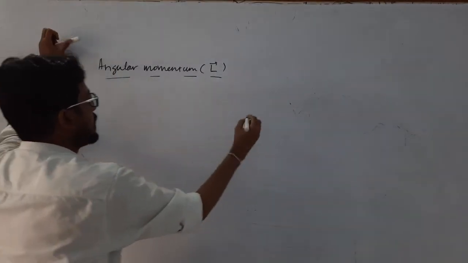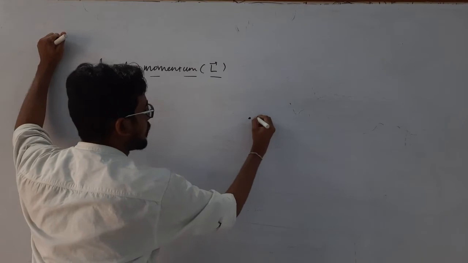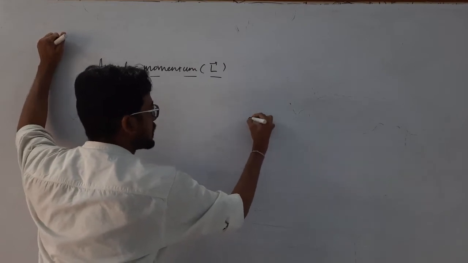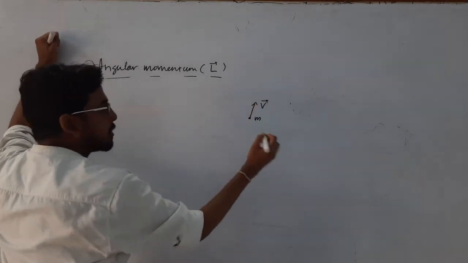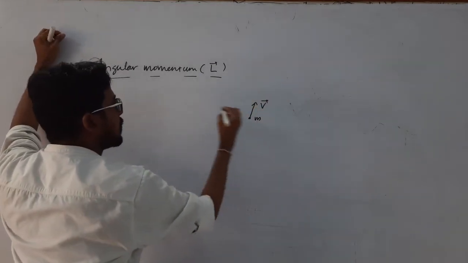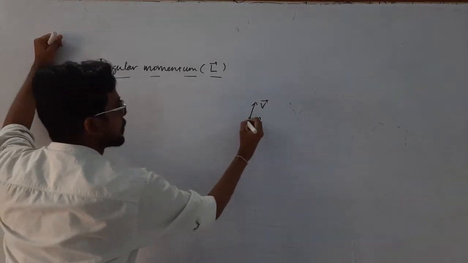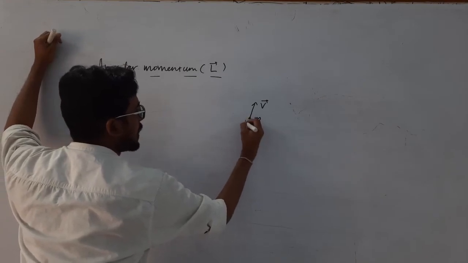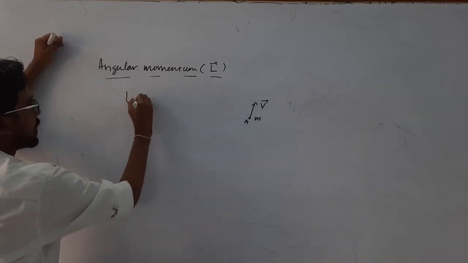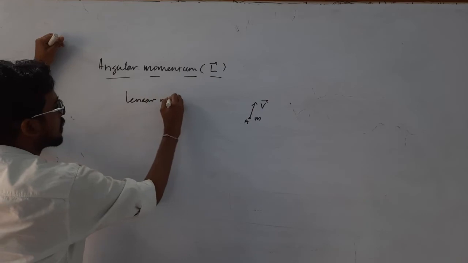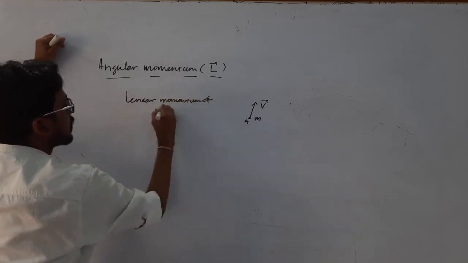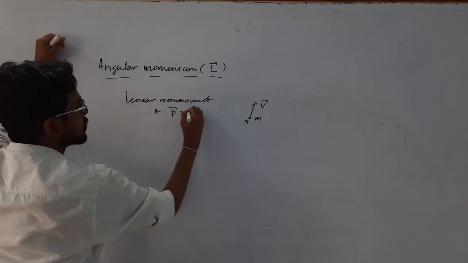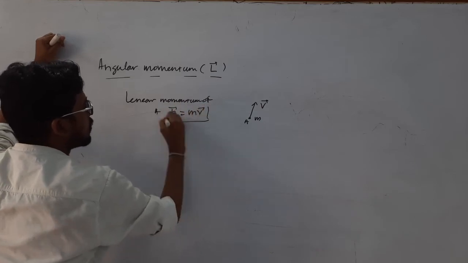This can be defined as follows. If here is a particle A of mass m which moves along this direction with certain velocity v, we can find out the linear momentum of this particle. The linear momentum of A, small p vector, is equal to mv vector, we already know.